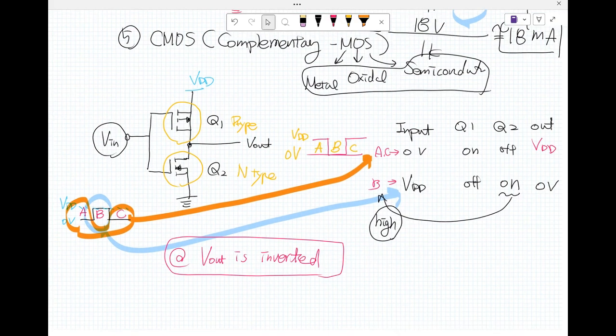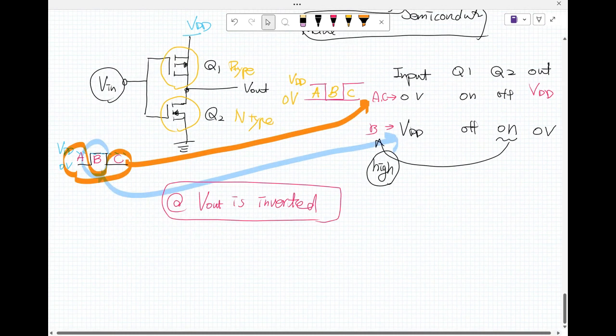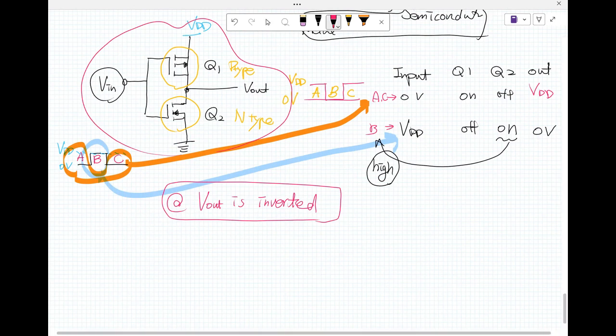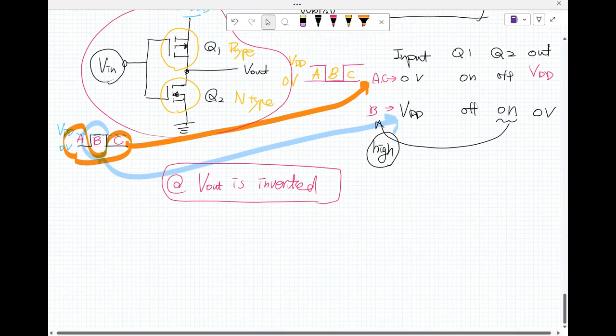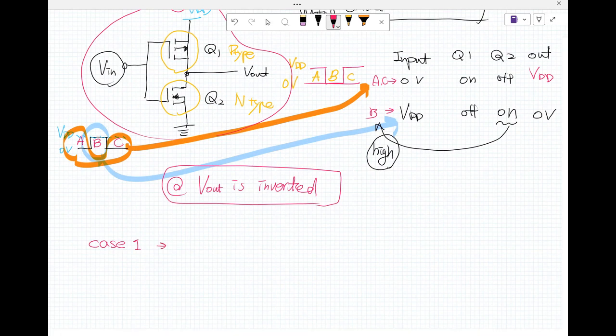Okay, one more time. I'm going to rewrite it for you here. Okay, from this circuit, case 1, the input voltage is high, meaning V sub dd.